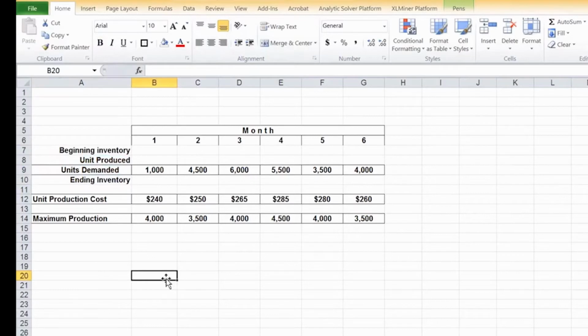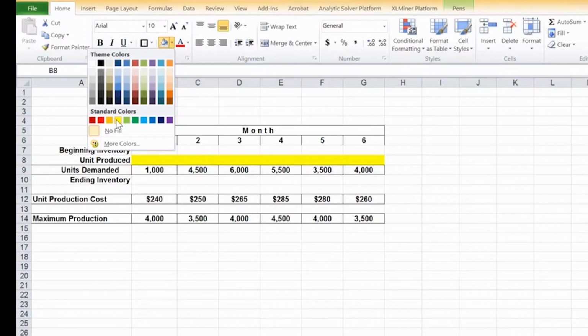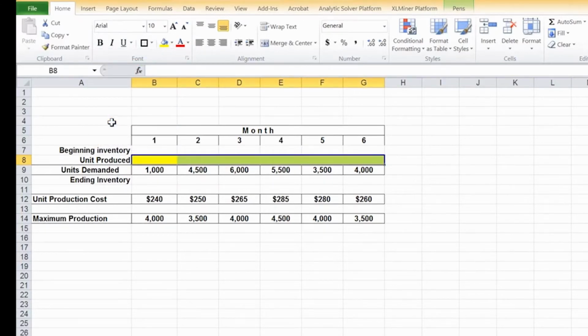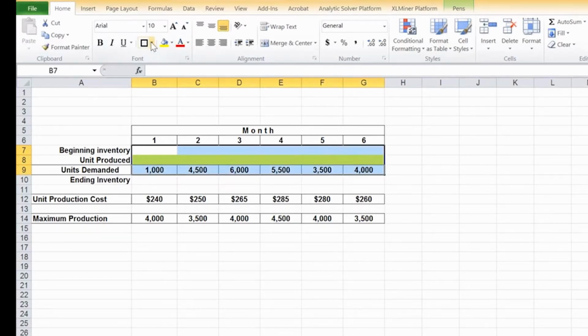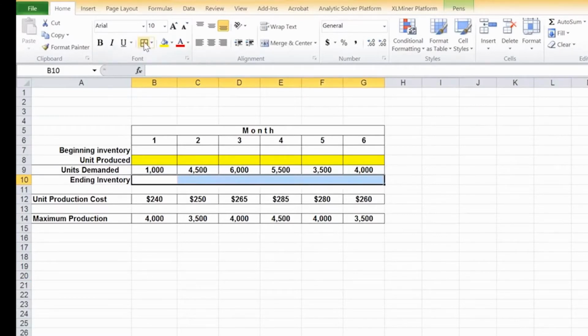And those units produced are my decision variables. I'm going to highlight those first. Okay, so you got this, and here, I need a border here too. Then first thing would be to put that beginning inventory, which is 2,750. That's given.